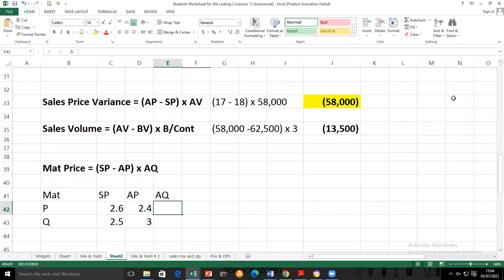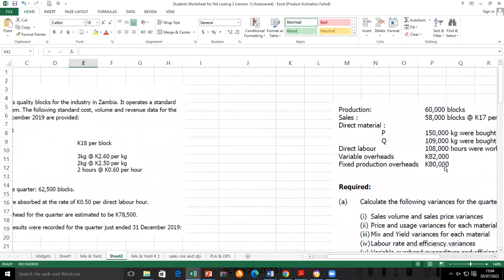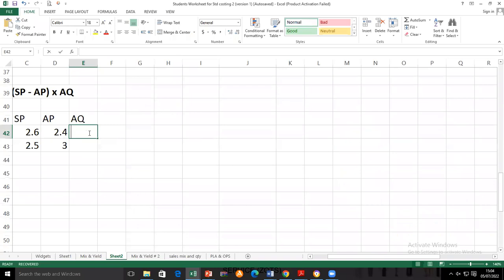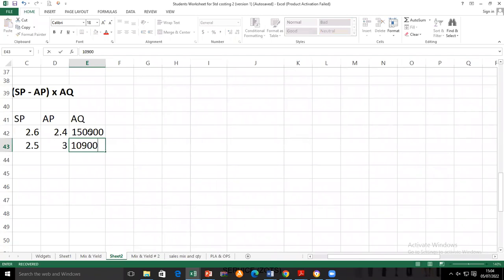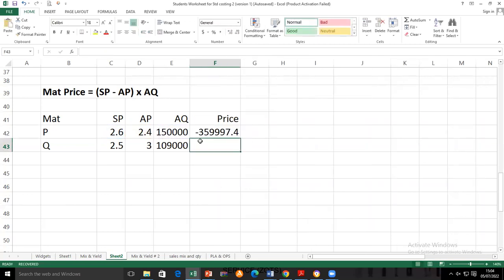The quantities are here, 150 and 109. So you go that minus that, multiply by that.